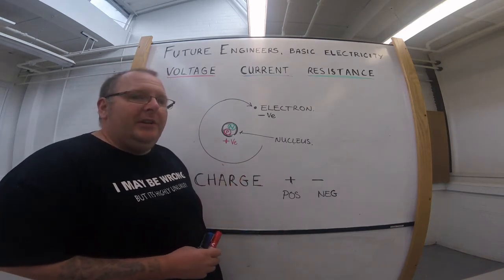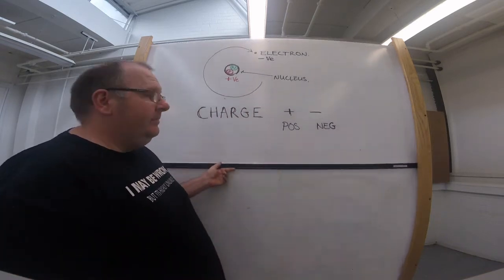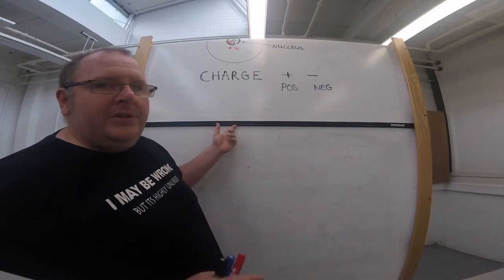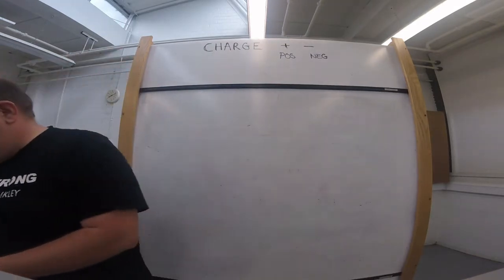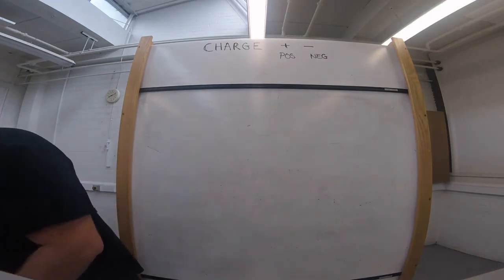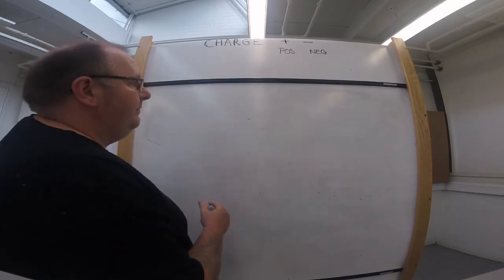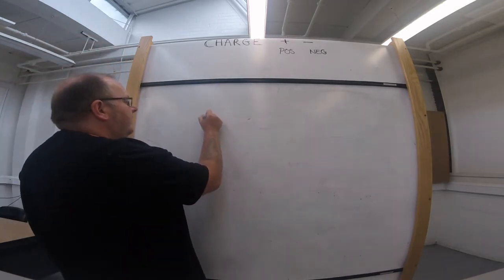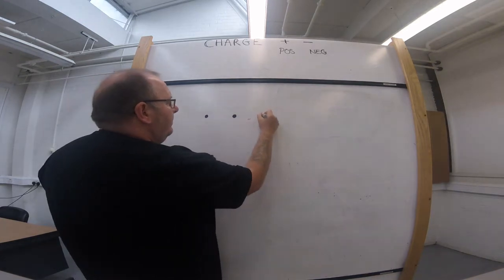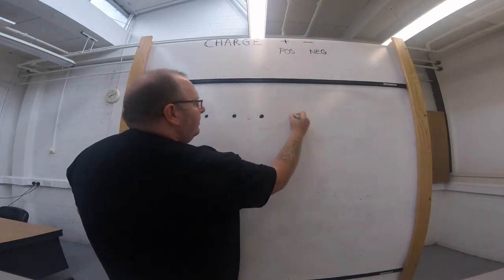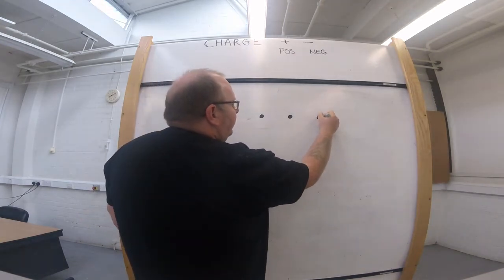That might not be very clear, but I'm going to draw a few atoms now, all in a row, just to let you see what happens. So, if we zoom right in, here's an atom, second atom, third atom, fourth, and fifth.